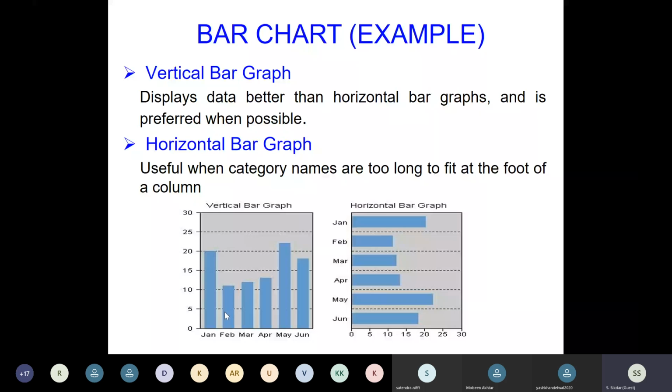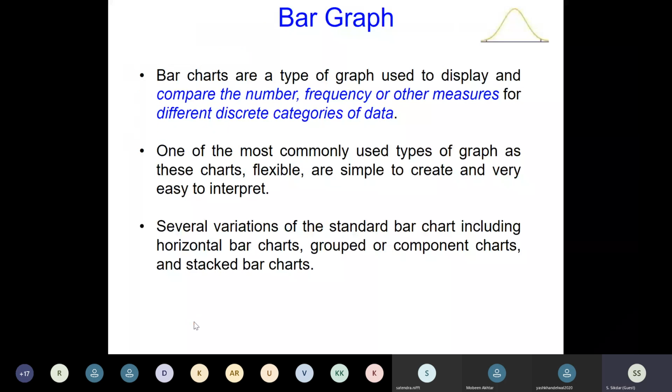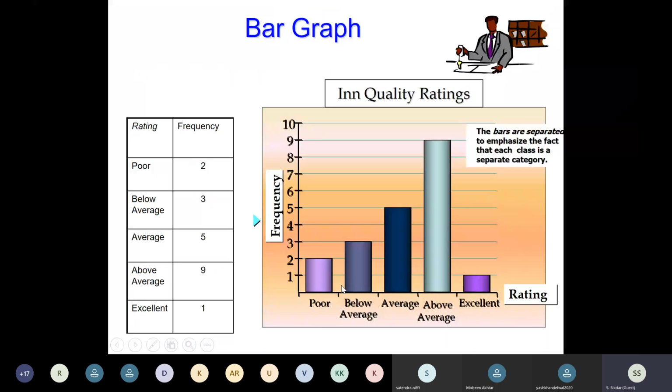Here also it is said that different discrete categories of data. So whoever plots it, it will not be continuous, whereas there it is said that it is contiguous. That means it is adjacent, so it belongs to the same category. It's just like a subclass.